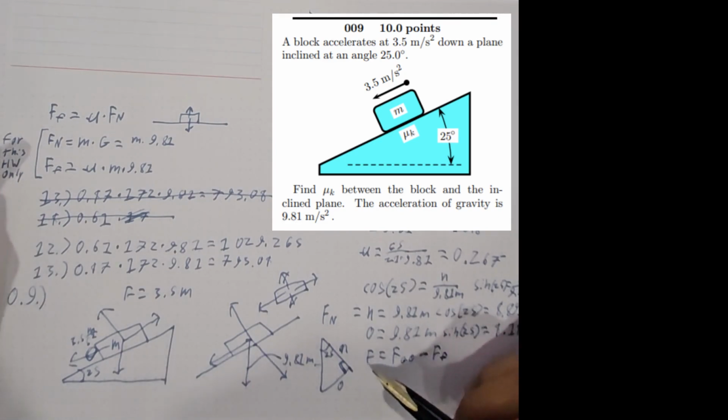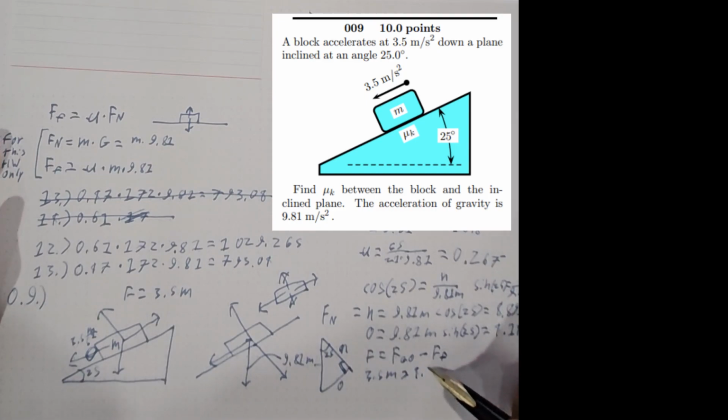So we know that this force 3.5 m is equal to 4.146 m minus this force of friction. And the force of friction is mu times the normal force, which is 8.891 m. M cancels out for all of this, so no more m to worry about.